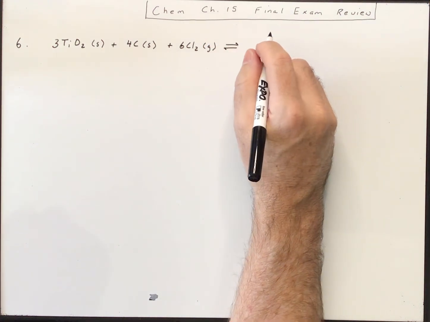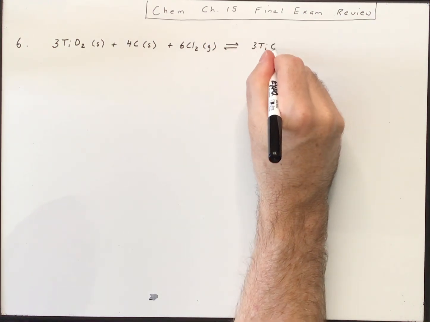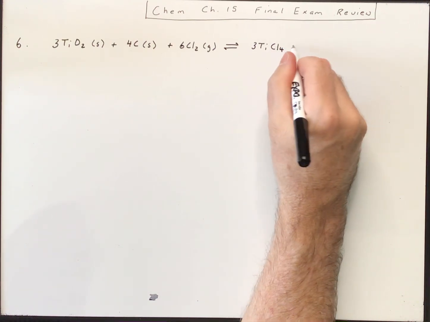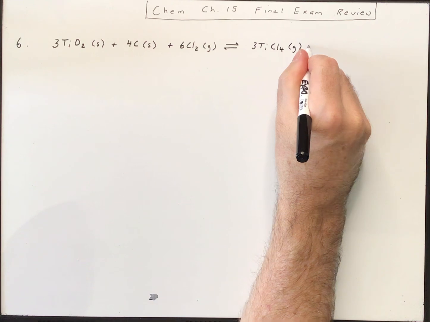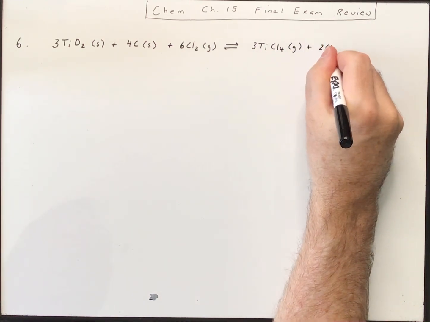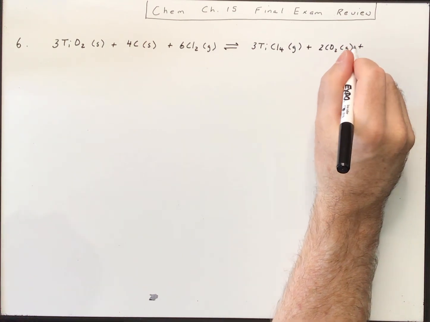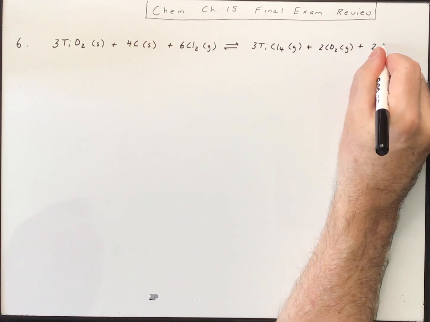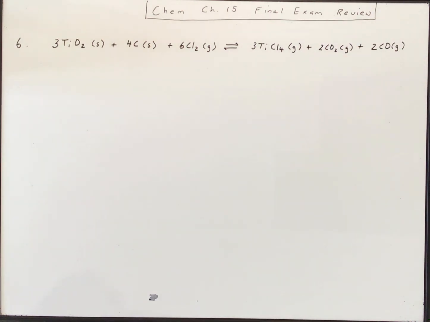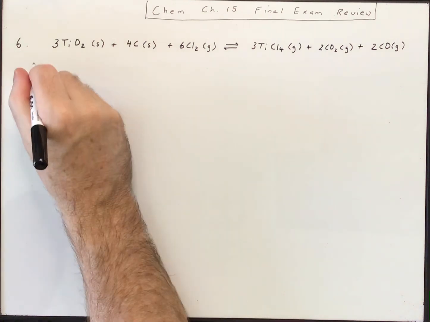And then we have 3TiCl4, titanium tetrachloride, which is a gas, plus 2CO2, plus 2CO. Okay, so we've got 4 parts to this.